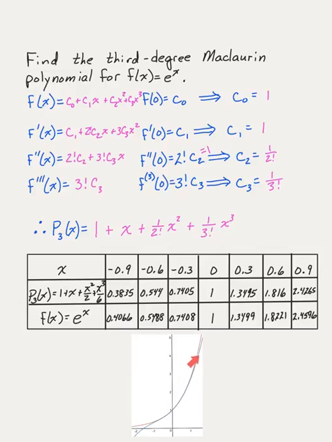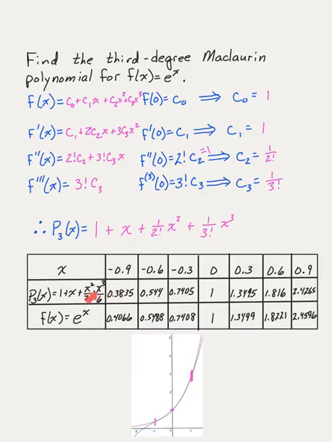And you can see that the blue graph really is a pretty good approximation between here and here. It's a pretty close approximation. And at x equals 0, you actually have a perfect approximation. It's not an approximation anymore. It is a perfect value.